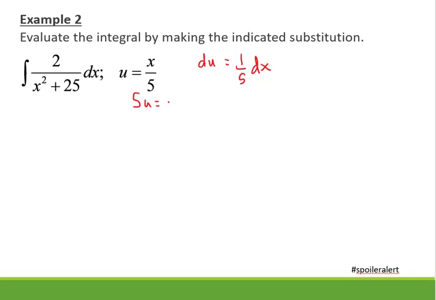First of all, I'm going to factor out the 2. I need a 1/5 dx. So I'm going to multiply by 1/5 and a 5. So I should have another 5 out here. So this becomes my du. On the bottom, I have 5u squared plus 25.